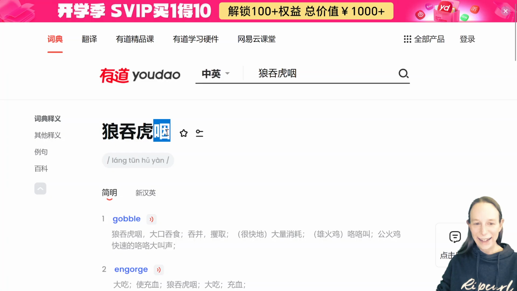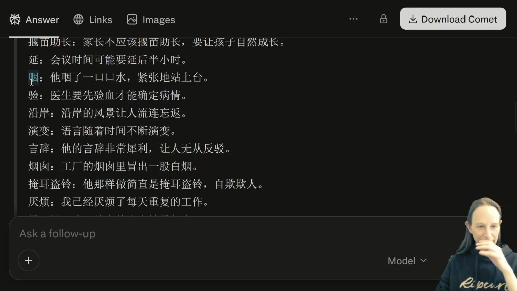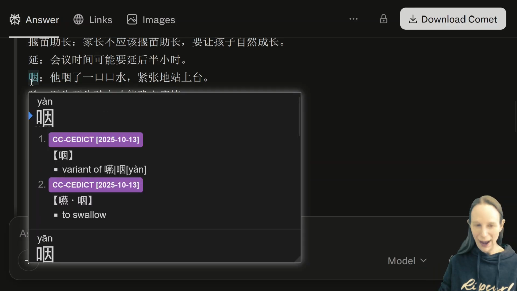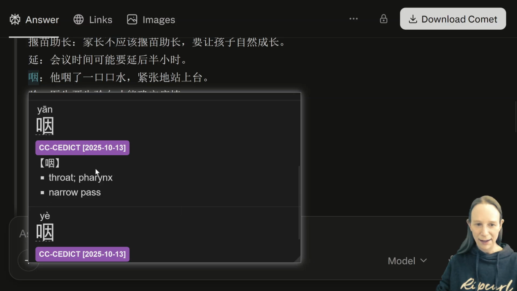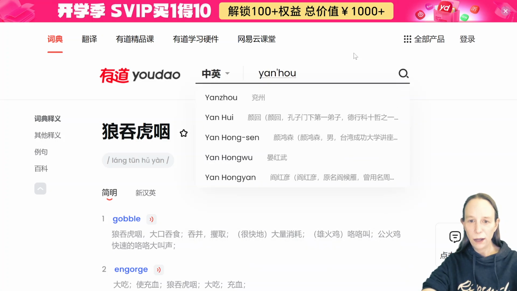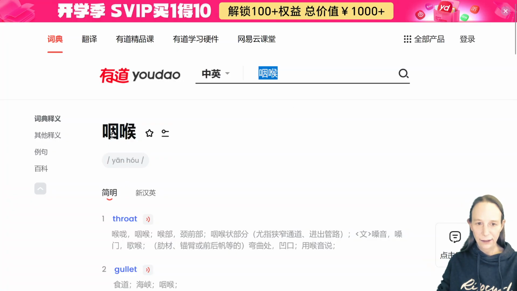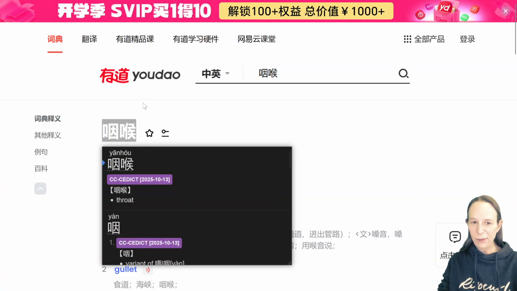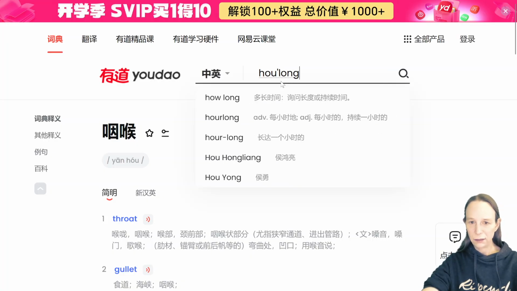Okay, so yan here is fourth tone to mean swallow, but apparently it's first tone as well when it can pertain to your throat, or maybe a throat figuratively. Yeah, so it means throat in the word yan hole. Yan hole. And you probably know holong.